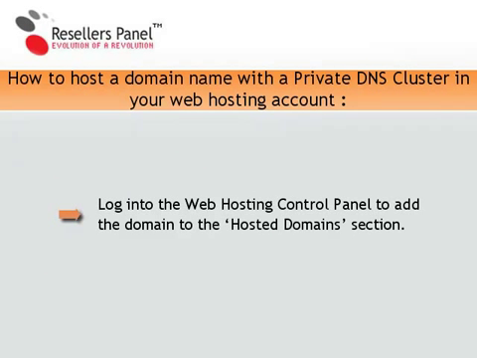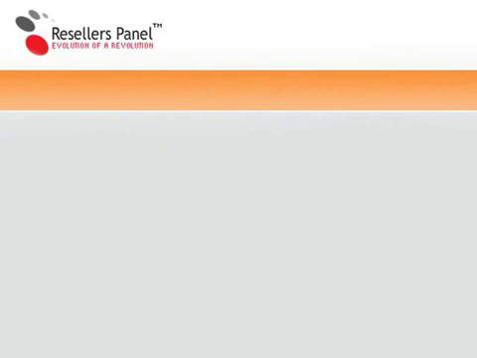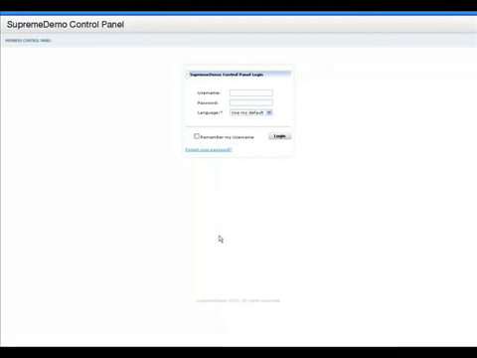You now need to log into your personal web hosting account. If you do not have an account yet, you can buy one from the Buy Hosting Account section of your reseller control panel.